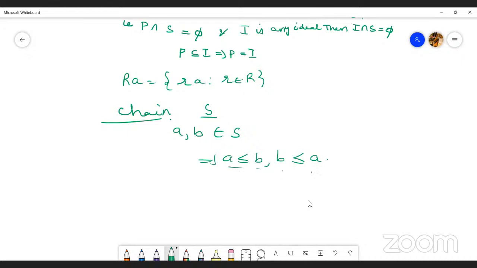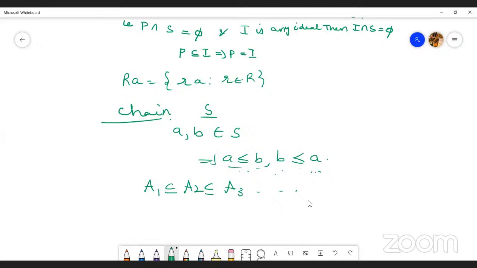Chain of sets means A1 is a subset of A2 is a subset of A3, like that.